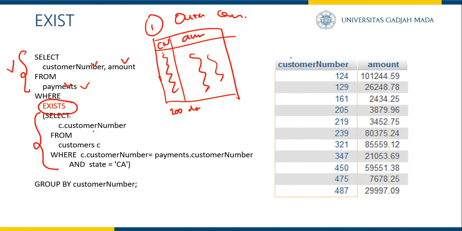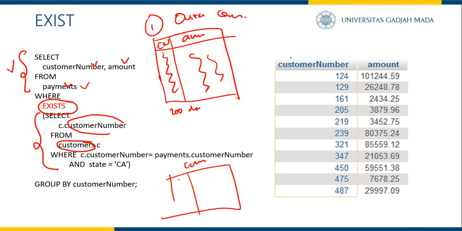Select C.customer number, so we select the customer number from the customer table, where the customer number from the table customer is the same as the customer number from payments, and the state is CA.